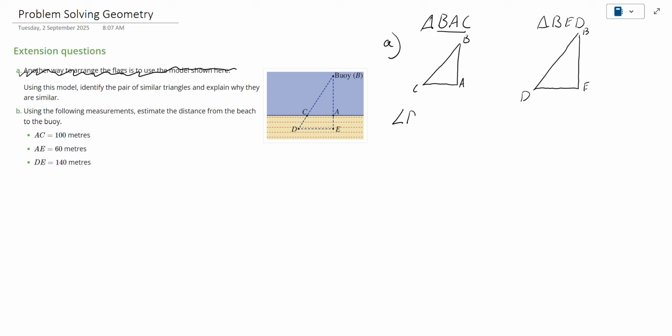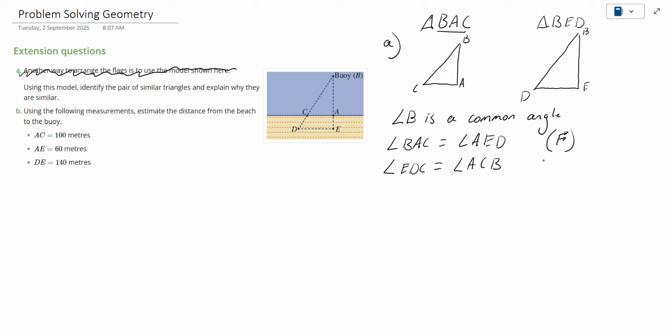Angle B is a common angle. Angle BAC is equal to angle AED because of the F rule, and angle EDC is equal to angle ACB, also because of the F rule.